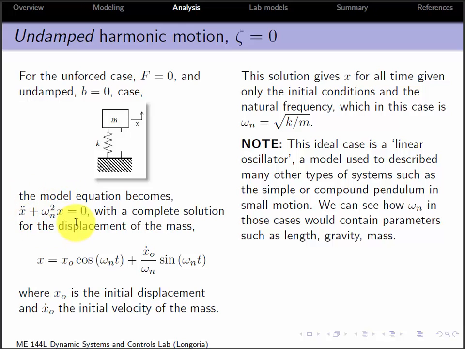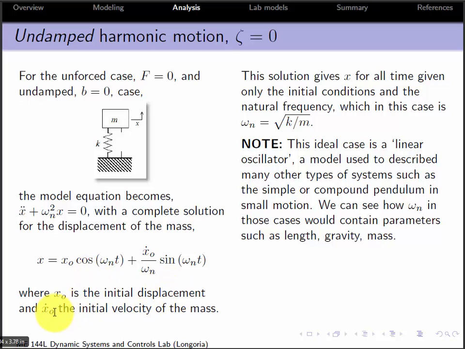The nice thing about this equation is it's got a really nice solution. And sorry, I'm looking at the unforced case here, so I made f equal to 0. So this is the solution for the unforced case with initial conditions. And you see, if x naught is some initial displacement, so let's say I deflect this with some value and release it, then if x dot 0 is 0, my solution is just a cosine.